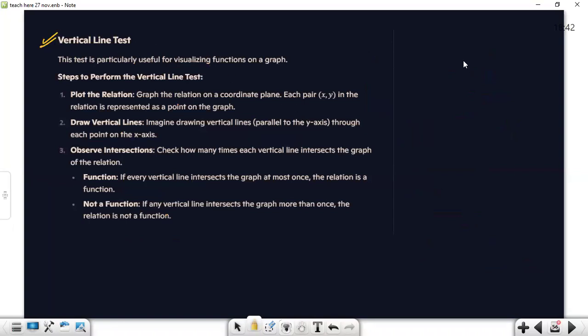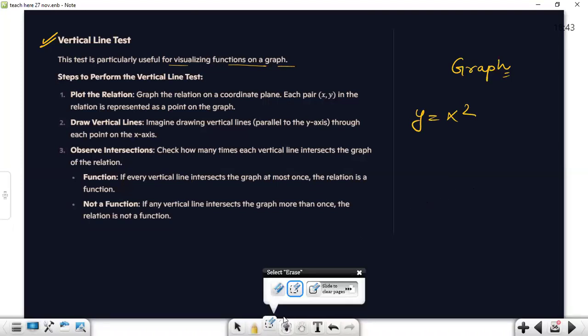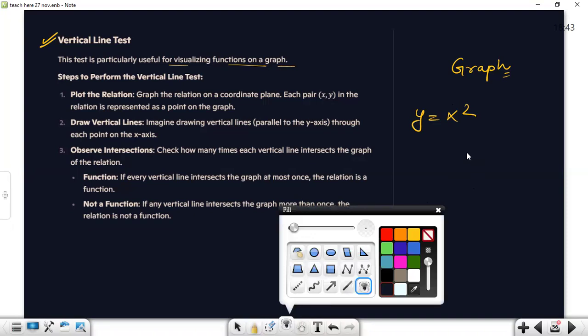The first method, if a graph is given, is this method. This test is particularly used for visualizing functions on a graph. So let's take a graph. This is a parabola. Y is always positive, so it will open towards positive y.